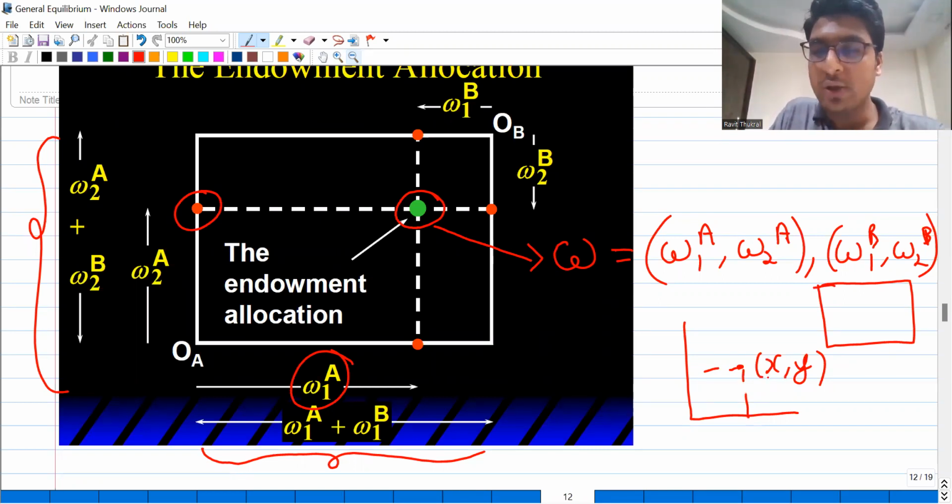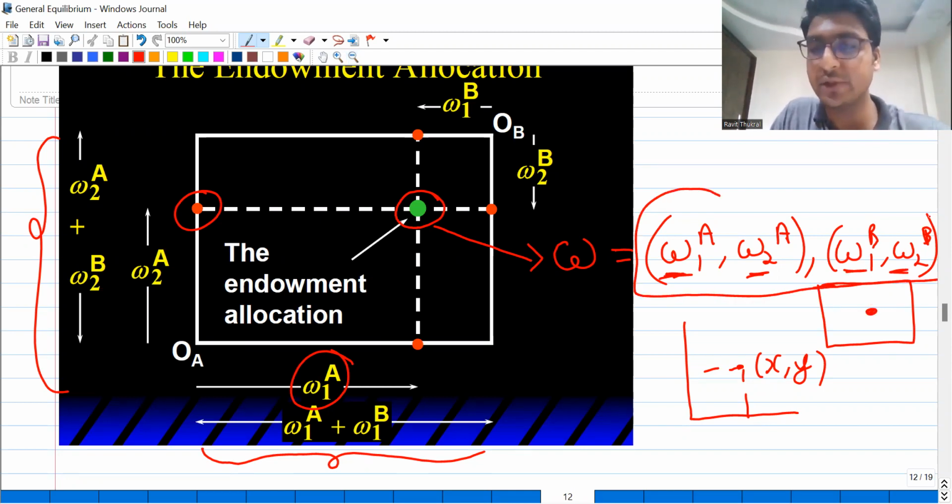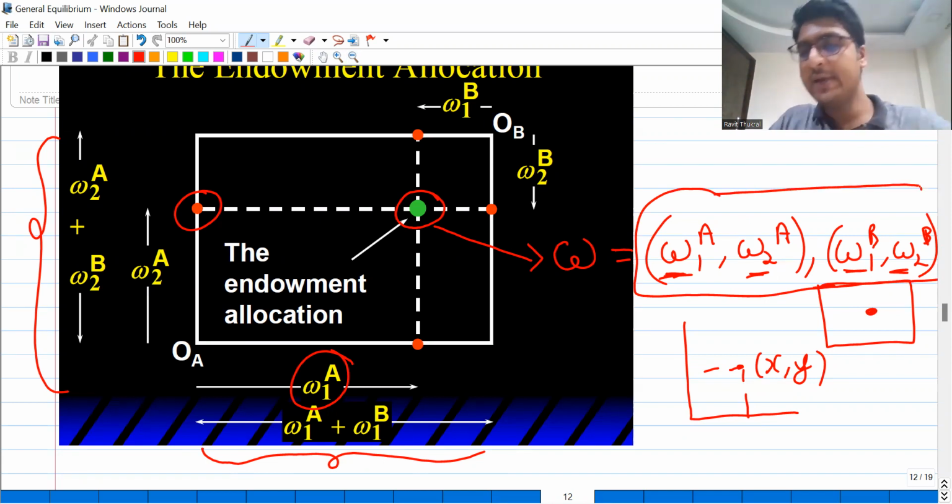So X, Y इंडिविजुअल 1 का and similarly X, Y इंडिविजुअल 2 का. तो टोटल यहाँ पर 4 tuples आ जाएंगे. गुड 1 गुड 2 इंडिविजुअल A के लिए, गुड 1 गुड 2 इंडिविजुअल B के लिए. तो कोई भी पॉइंट्स आप इस तरीके से रिप्रेजेंट कर सकते हो. ठीक है, इसके अंदर 4 tuples होंगे, X और Y 1 के लिए, X और Y B के लिए, ठीक है, या 2 के लिए.